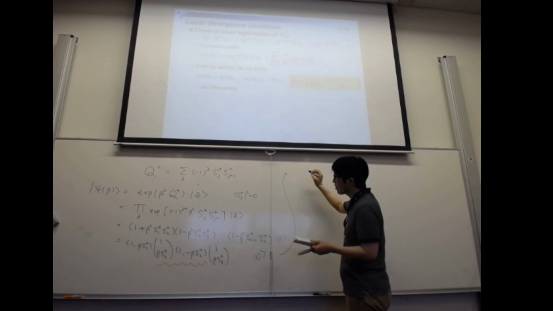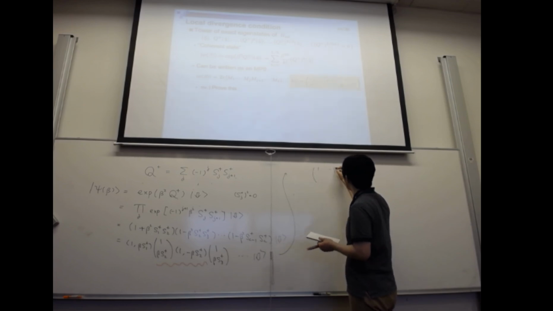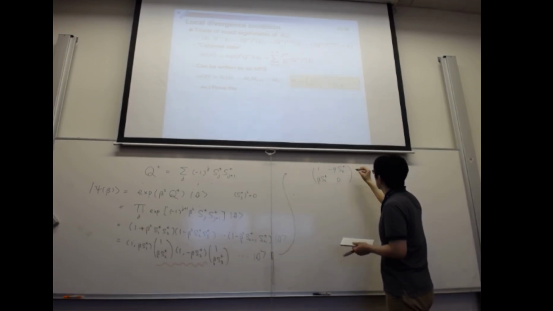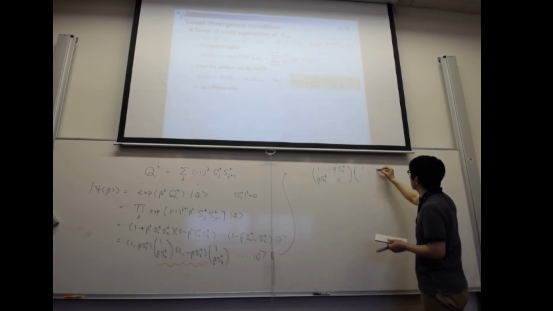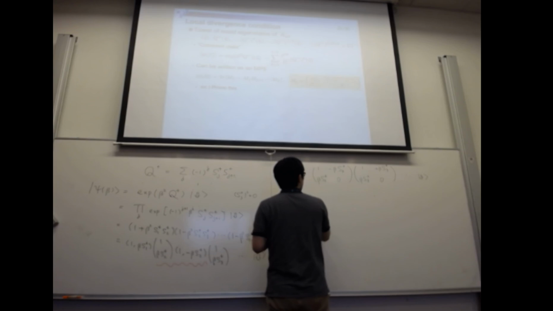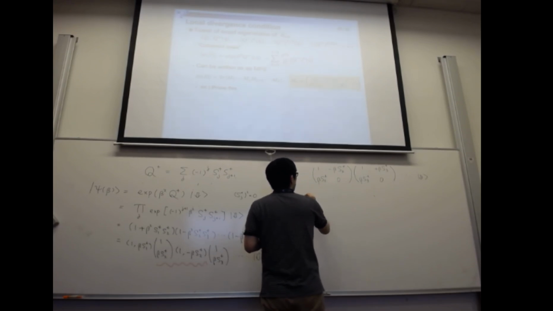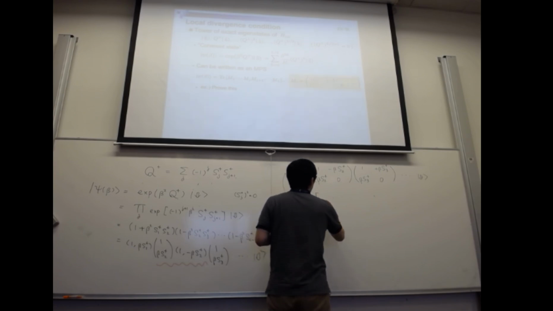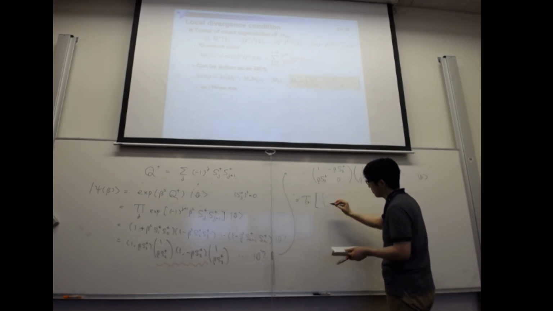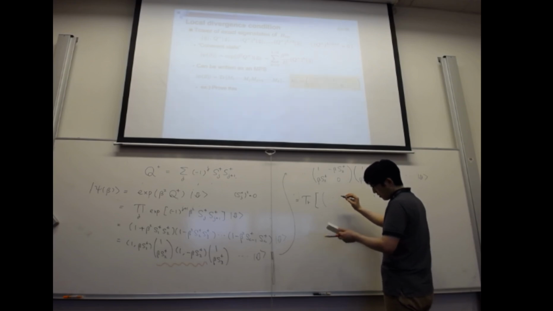Then you get 1 minus beta, and because (S_2^+)^2 is 0, you just get 0. And in the next one you have 1 plus beta, something like this. We have to work out a bit about the boundaries, but anyway, you can write it in the form of the matrix product, and finally you get something like this.